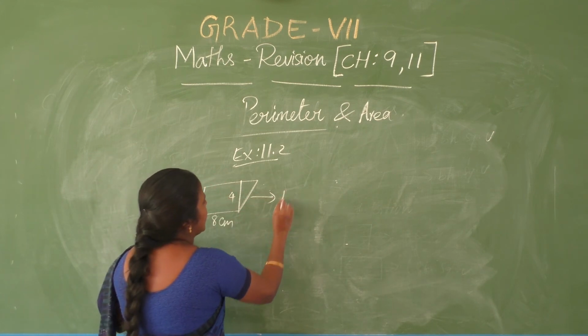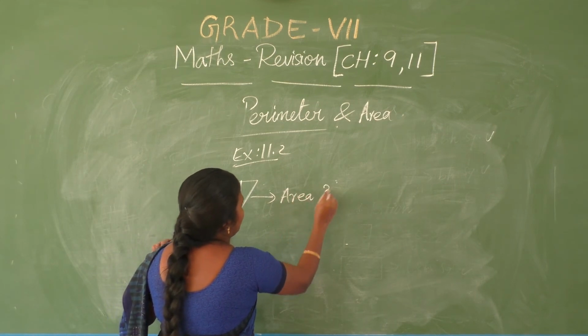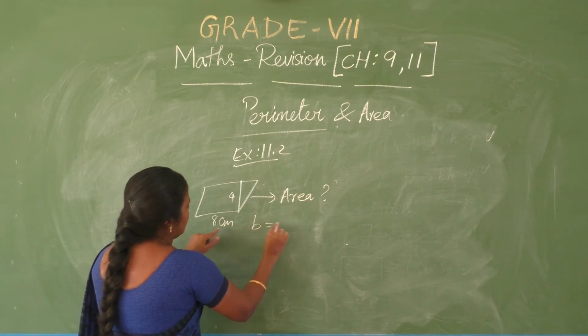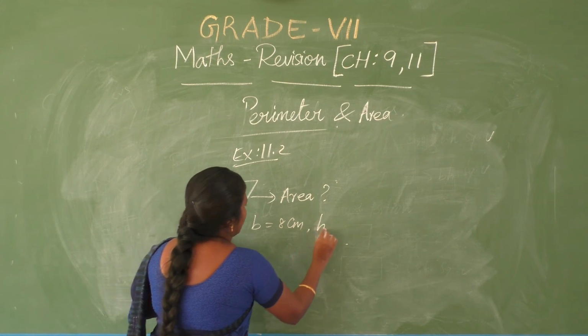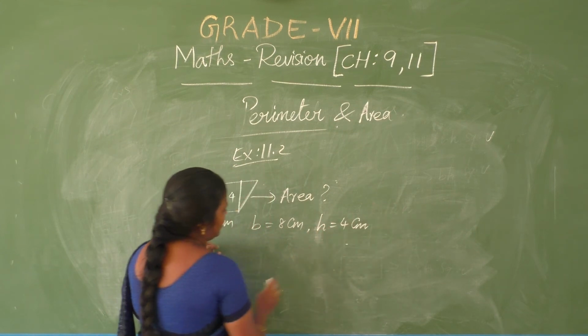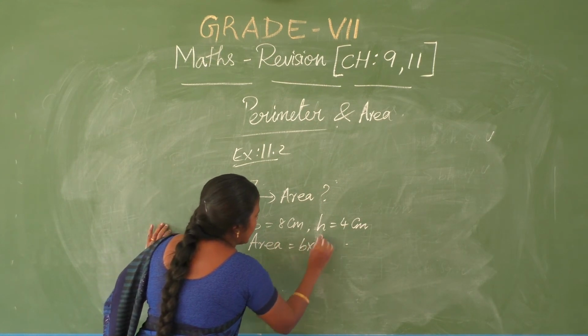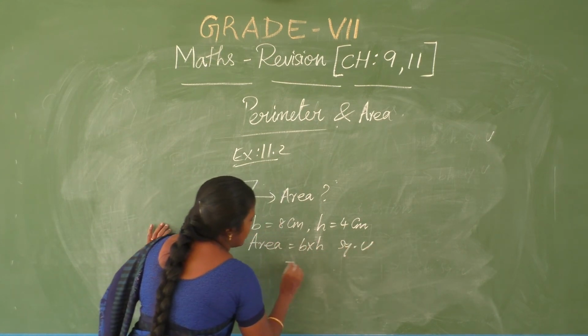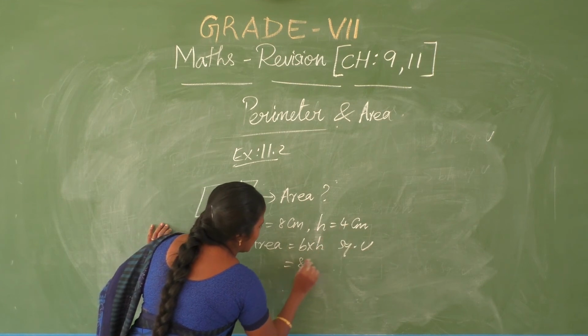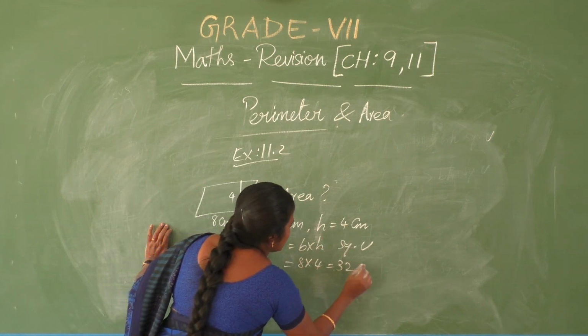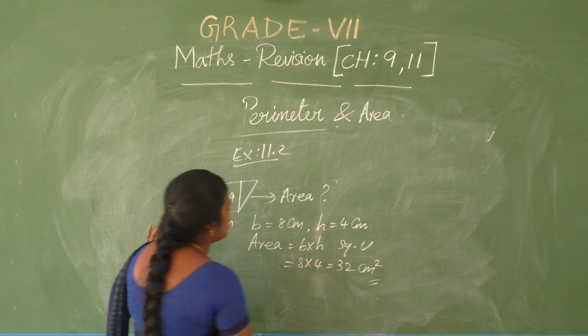What is the area? The given figure is a parallelogram, the base is 8 cm, and the height, the perpendicular line, is 4 cm. So area of the parallelogram equals base into height square units. Base into height, 8 fours are 32 square centimeters.